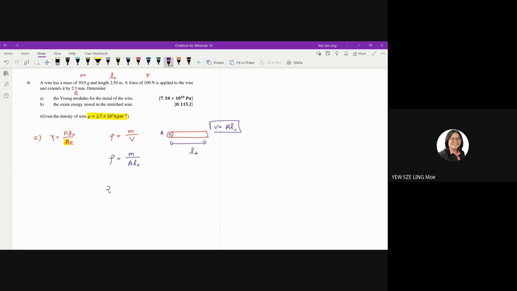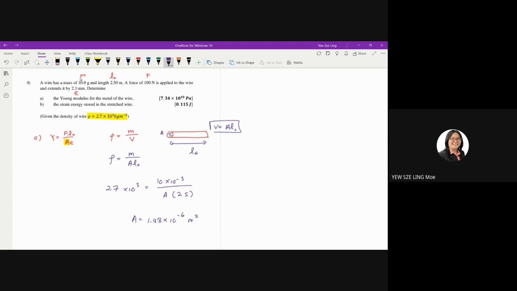Sub the values again: 2.7 times 10 to the power of 3 equals, given m is 10 gram, so 10 times 10 to the power of negative 3, divided by A, and original length is 2.5. Rearrange the equation: area equals 1.48 times 10 to the power of negative 6 m squared. So this is how you determine the value of the area.